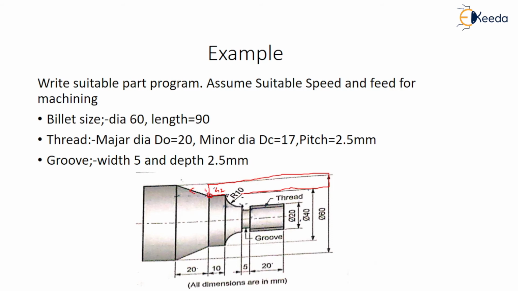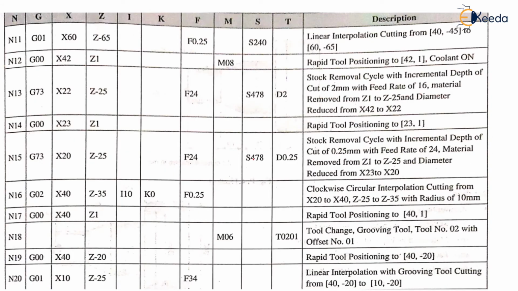And we move from this to 60, 65. So diameter will become 60 and length will become 65. Okay, so now taper turning is started.